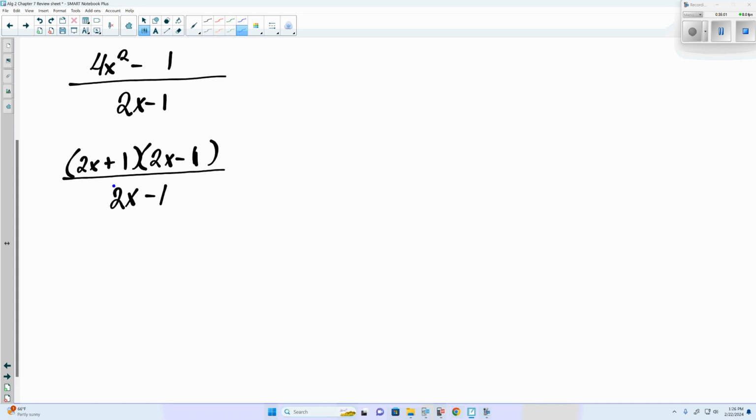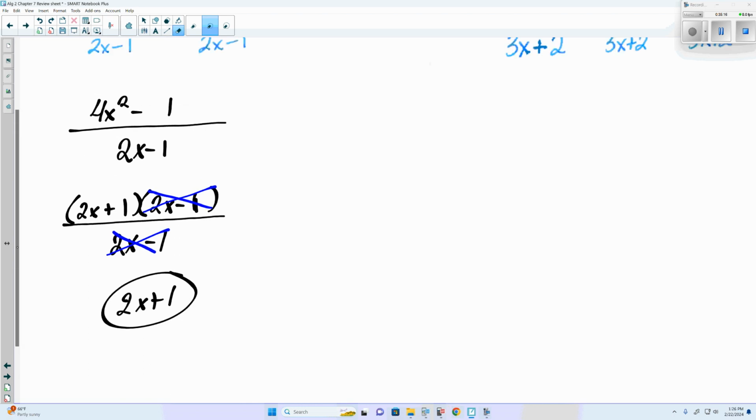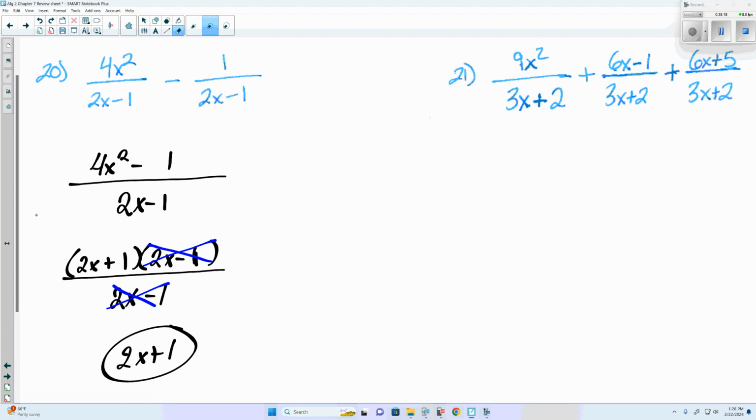And our like terms are 2x minus 1, leaving us with 2x plus 1. Questions on number 20?